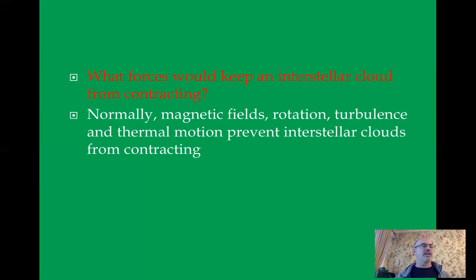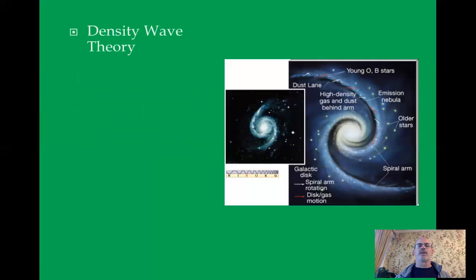Now, there's an interesting theory called the density wave theory. If you ever looked at a picture of a galaxy, you'll notice that there are arms that contain a lot of stars, and that's why they're spiral shaped.